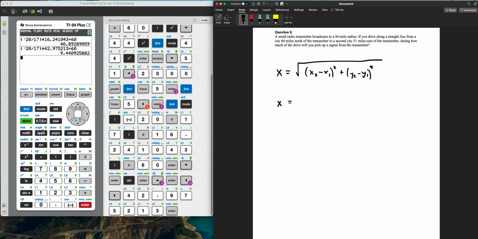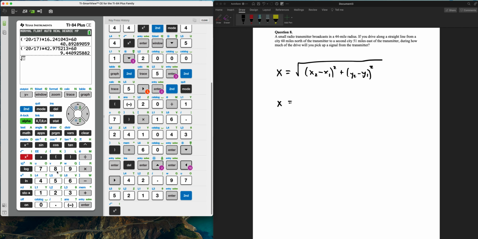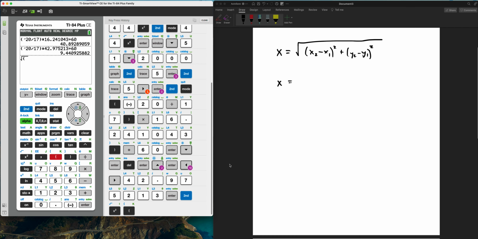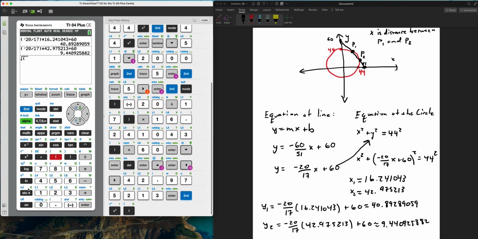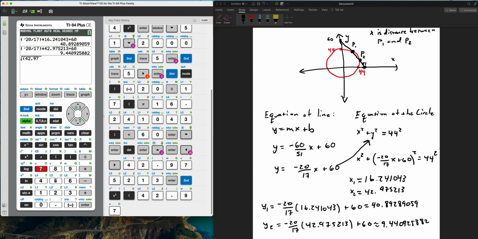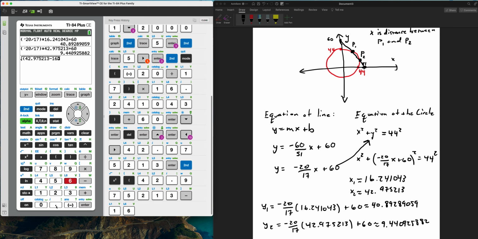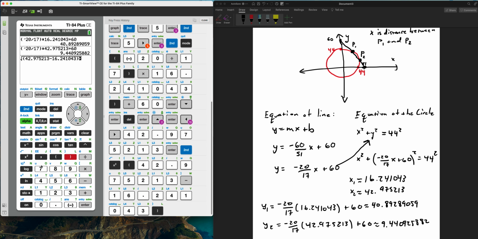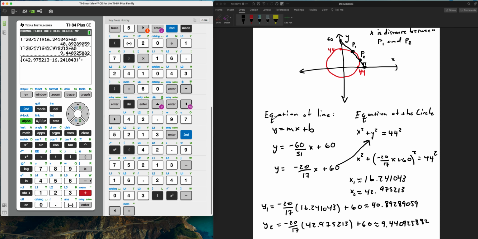So let's do that over here in our calculator. So second square root, parenthesis, x2, just enter that in, minus x1, quantity squared, plus, parenthesis, y2 minus y1.